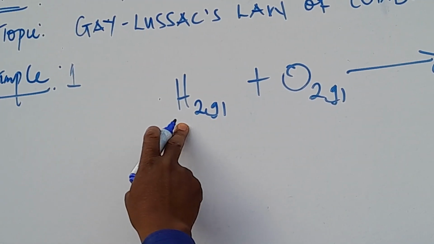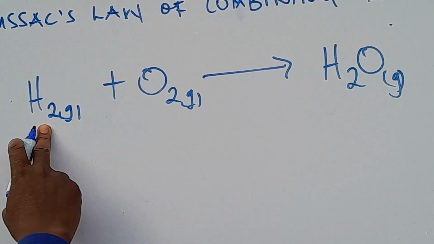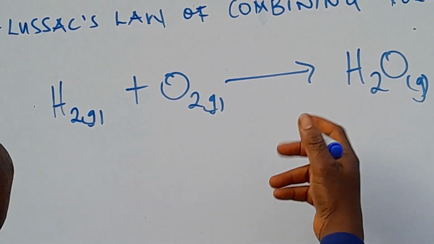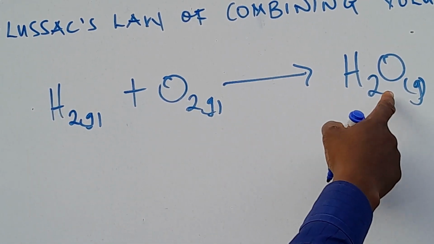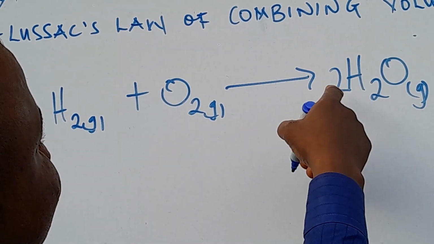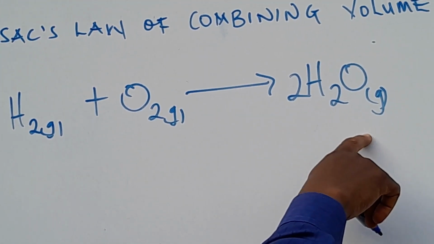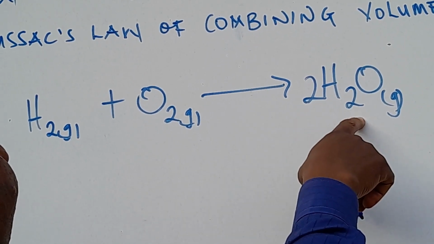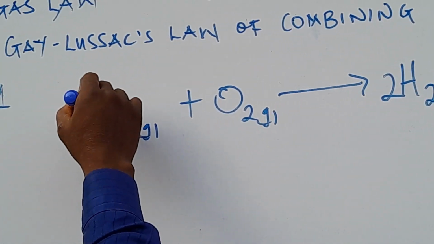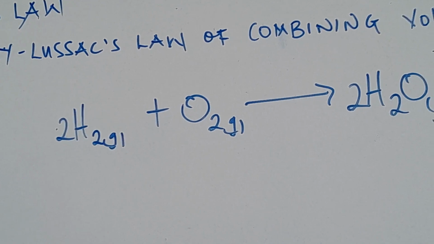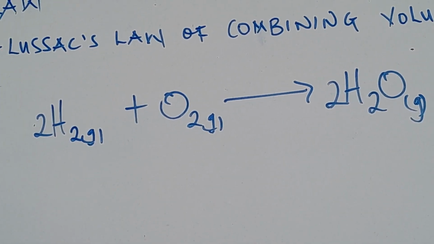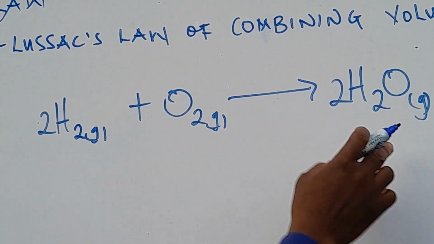Two atoms of hydrogen, then we have two, that's balanced. Two oxygen, we have one oxygen, so we add two here, giving us two molecules of water. Now we have two atoms of hydrogen, so we add two here. This is the first step.